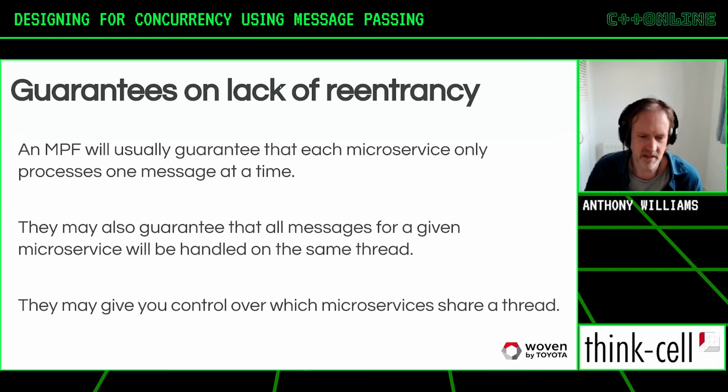But that's okay, because we've decided that they don't need to run on the same thread, and they can all run on the pool. Whereas if they need their own dedicated thread, then you end up needing to worry about that. So you might expect that your message passing framework will allow you to have some sort of control over how these are distributed between threads. But again, that depends deeply on the framework. And mostly I'm talking here in general terms rather than about anything specific.